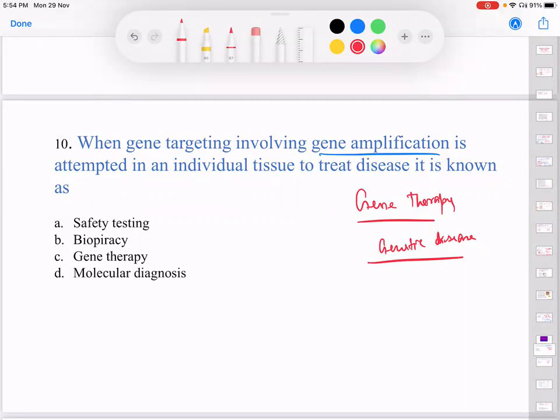For example, the best example that you can consider is diabetes mellitus. Diabetes mellitus type 1, where the insulin gene in the pancreatic beta cell is somehow not functioning. There is a mutation or whatever it may be. So the insulin protein, which would be coded by that gene, is not produced. So what do we do?